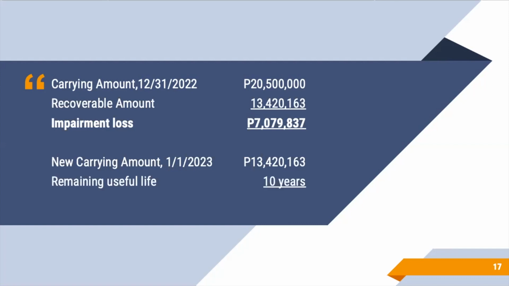And the remaining useful life is 10 years. That means the depreciation for 2023 and the 9 years after that is 1,342,016 pesos. So that's it for the computation of impairment loss and the subsequent depreciation.